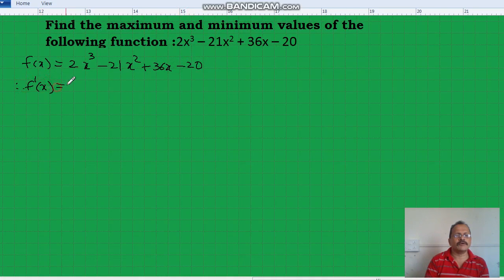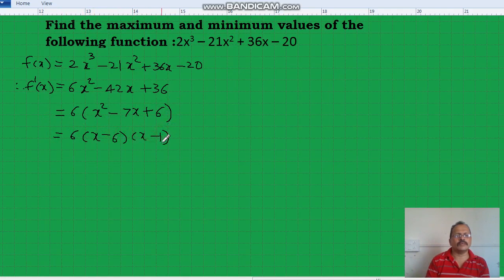The derivative of f(x) is 6x square minus 42x plus 36. Take 6 common: 6 into (x square minus 7x plus 6). That is 6 into (x minus 6) into (x minus 1).